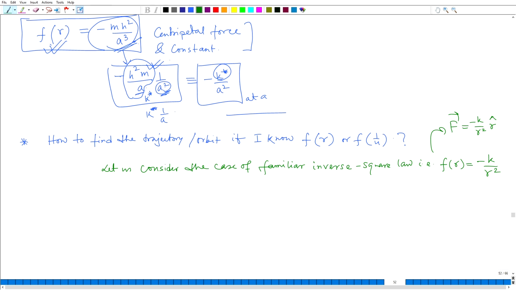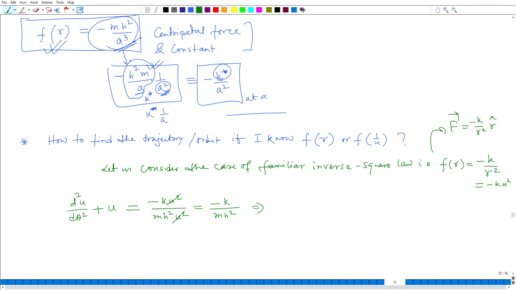If you have this, then of course d²u/dθ² plus u will then be equal to minus k u² by m h² u², and these two u² will go away, thereby you will have minus k by m h².